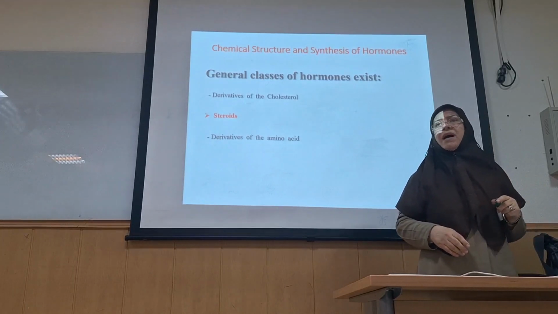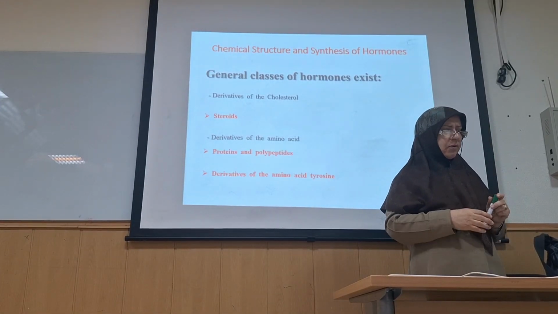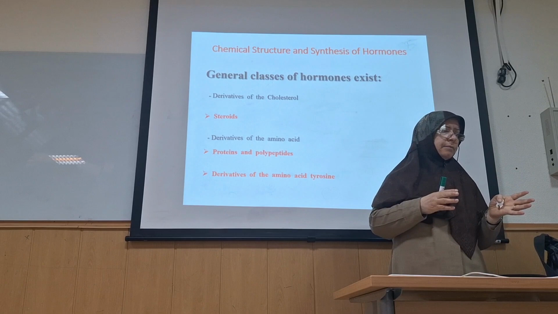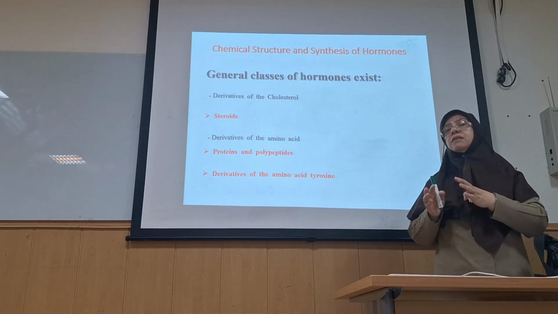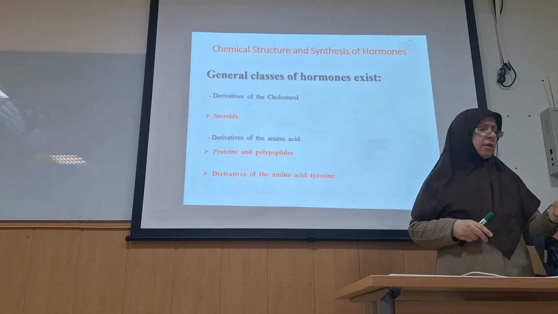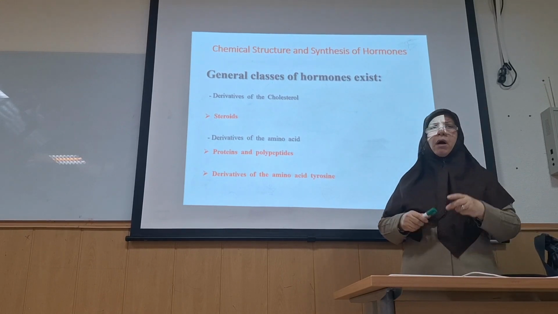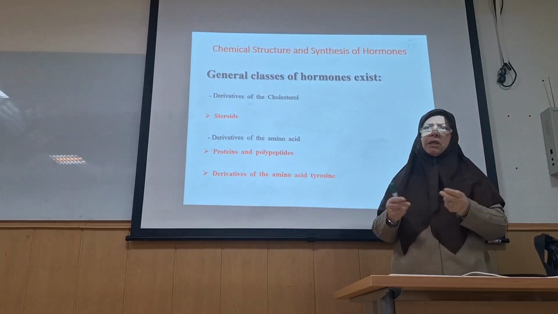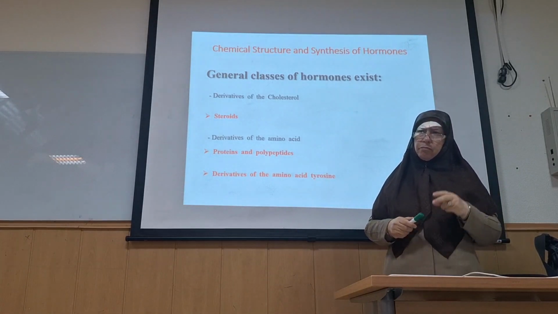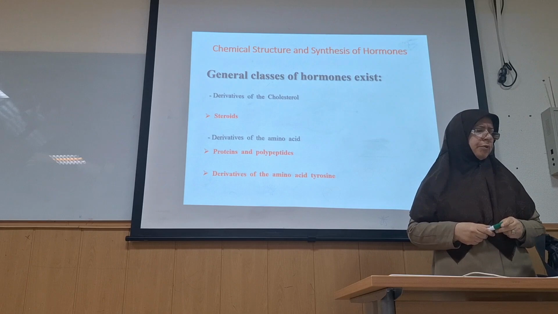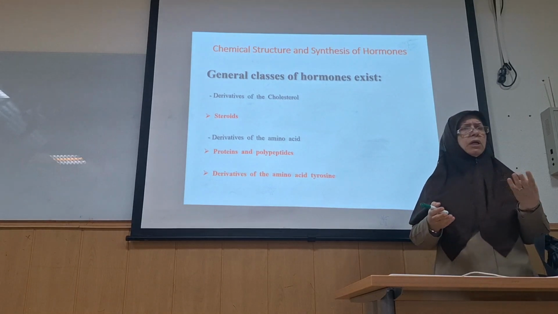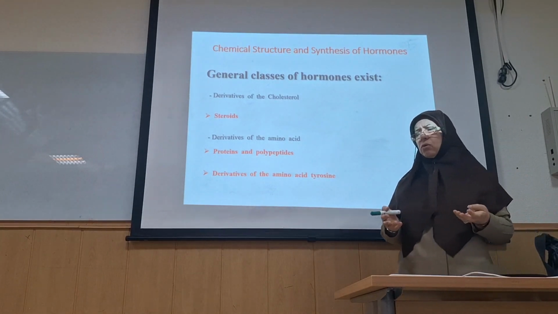Derivatives of amino acids. Which hormones? Proteins and polypeptides. Protein, for example, all pituitary hormones, anterior and posterior, all of them are proteins. Parathyroid hormone, calcitonin, insulin, glucagon.